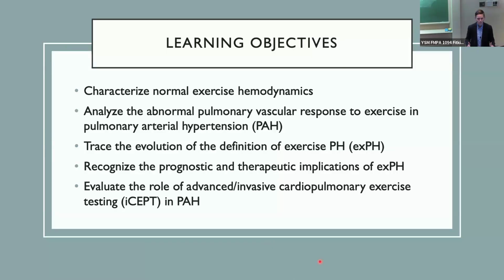So to get started, exertional limitations are the hallmark of pulmonary vascular disease, yet our field overwhelmingly relies on resting hemodynamics to define and classify these conditions. However, exercise provides a more physiologic and provocative lens. It's under stress that the pulmonary circulation and the right ventricle reveal their reserve.